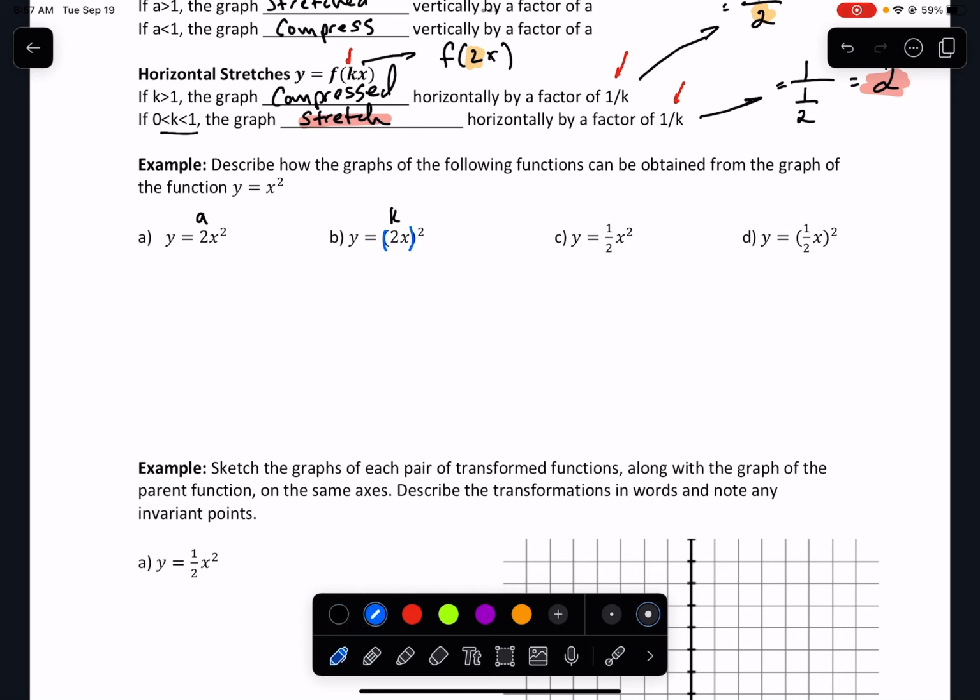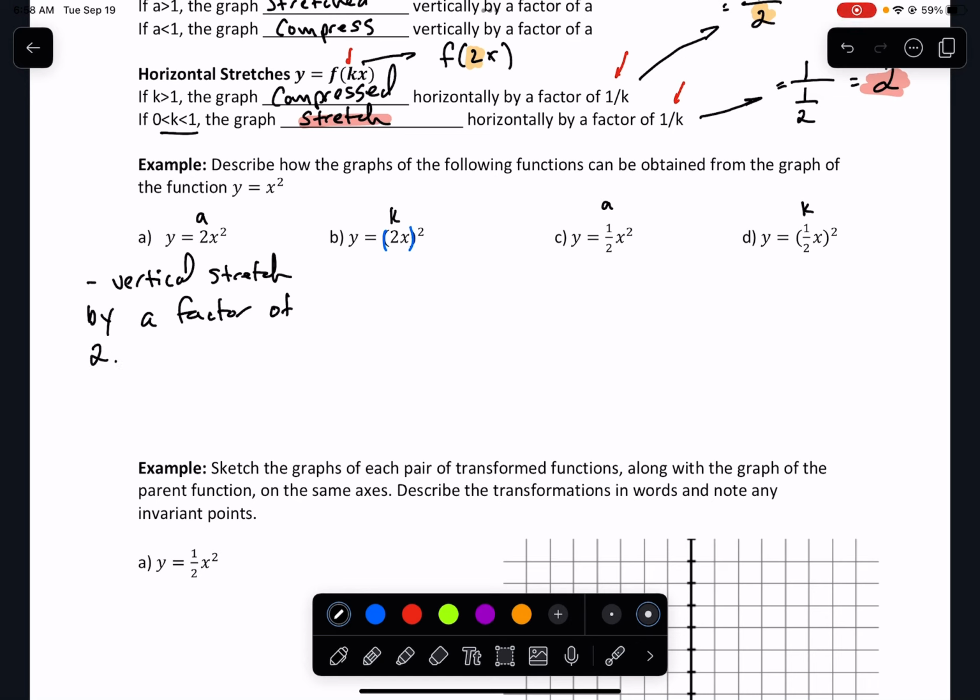The brackets denote the inside versus the outside of the function, okay? We're going to see what that looks like with a couple of the other functions later in this lesson. So this, again, is an A, and that is a K. If I were to describe these, this would be a vertical stretch by a factor of 2.